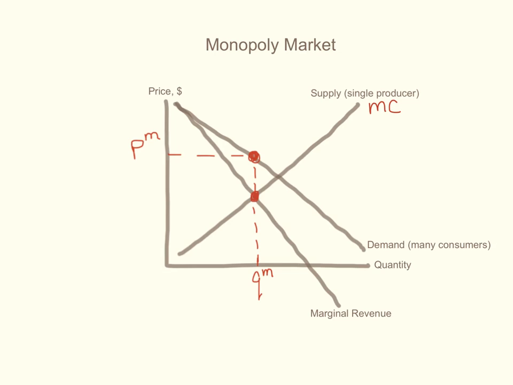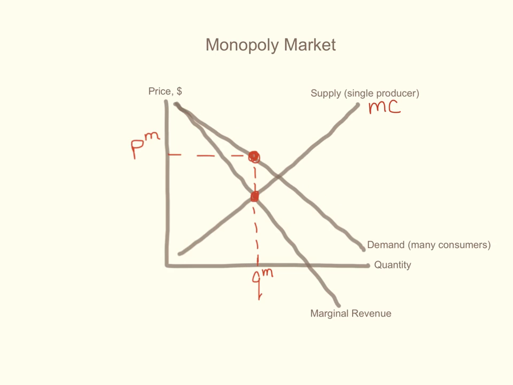Now, to see why consumers don't like monopoly markets, why they're worse off in a monopoly market, let's compare the price and quantity outcome in the monopoly market to what we got when we were looking at a perfectly competitive market. So in a perfectly competitive market, the price of the product would be determined by the interaction of market supply and market demand.